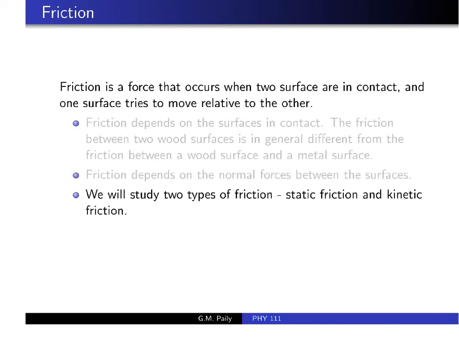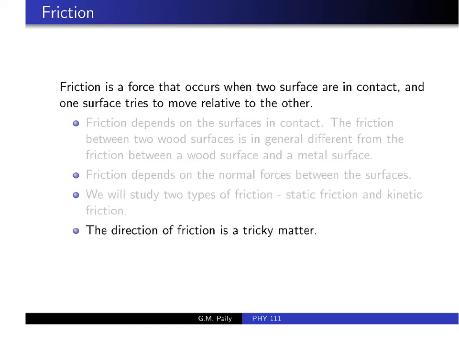We will look at two types of friction: static friction and kinetic friction. There is a third, called rolling friction, that we will only mention in passing. One thing to note is that usually what confuses students is the direction of friction.